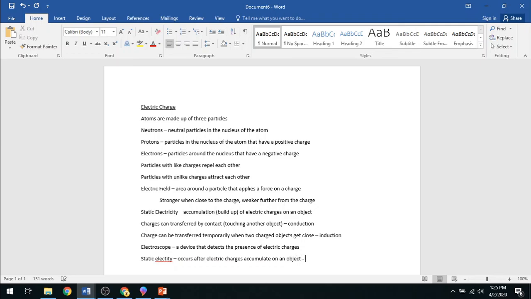Okay, so we had electric charges accumulating on the balloon and from the sweater. So electric charges accumulate on an object by gaining or losing electrons, and that's what static electricity is.